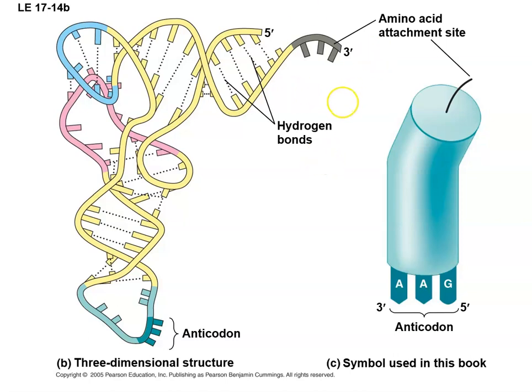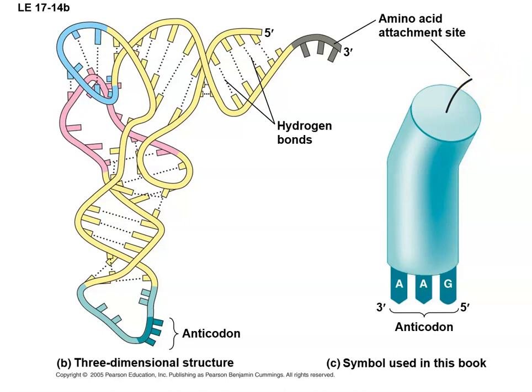So the 3' end is the amino acid attachment site. The amino acid is not shown here, but on this cartoony version on the right, there's going to be a circle with an abbreviation for an amino acid attached there.